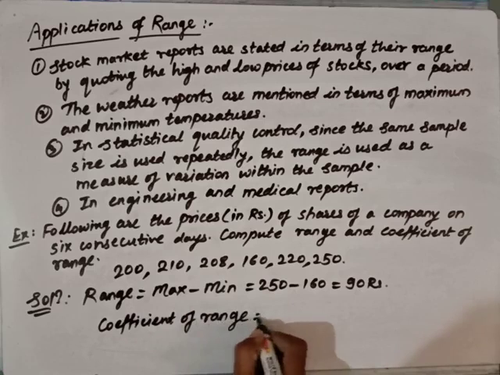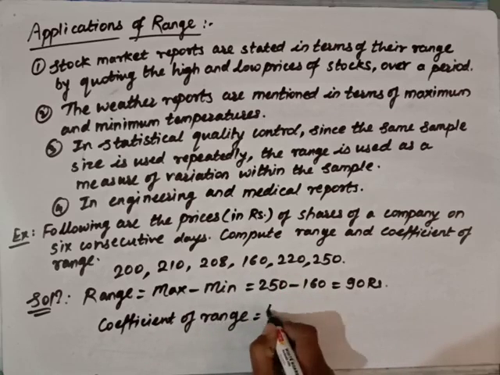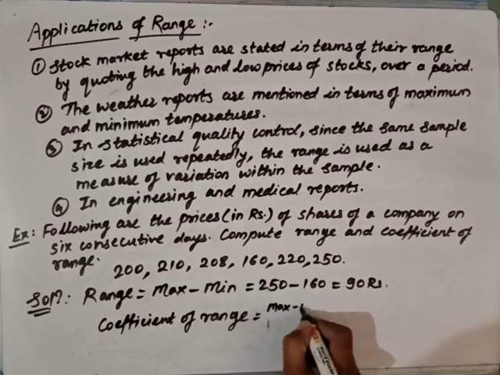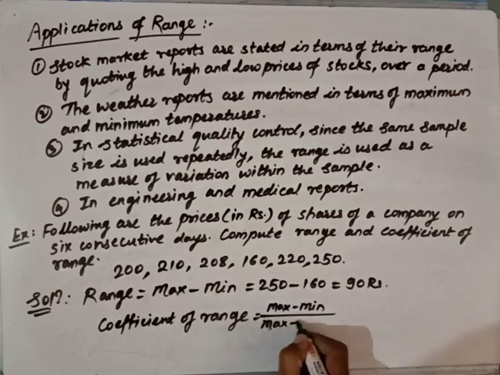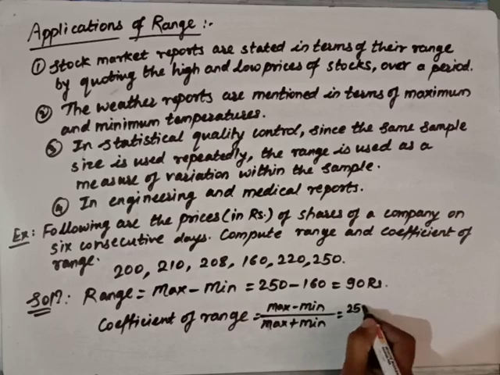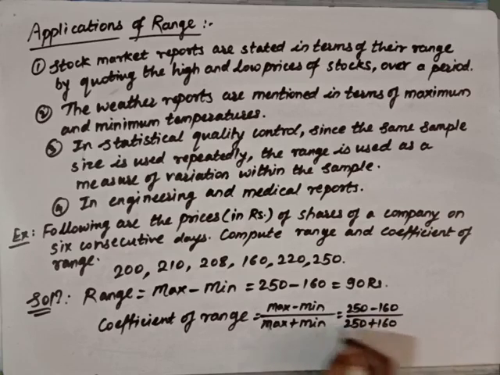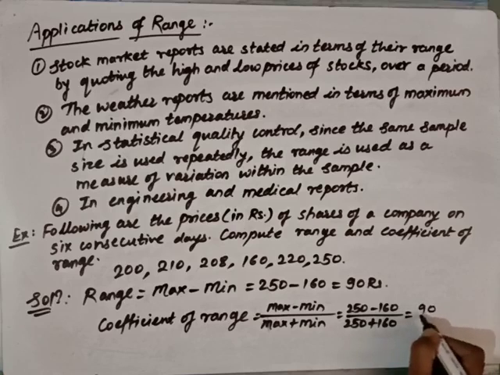The result is maximum minus minimum upon maximum plus minimum. So here, 250 minus 160 upon 250 plus 160. 250 minus 160 will be 90, and 250 plus 160 will be 410.